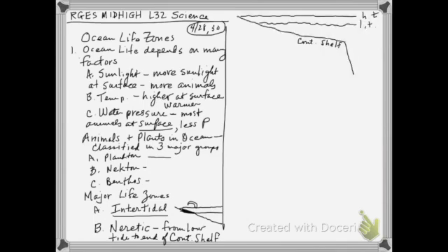So here I've made a diagram of the beach, and this would be your intertidal zone from the high tide down to the low tide. This zone right here is your intertidal zone, and I'm just going to put a big I for that.